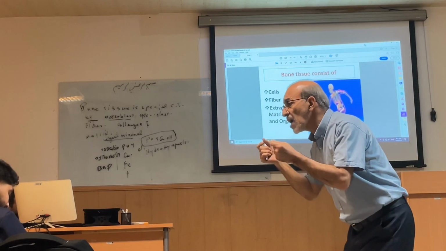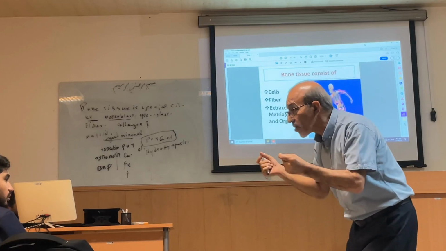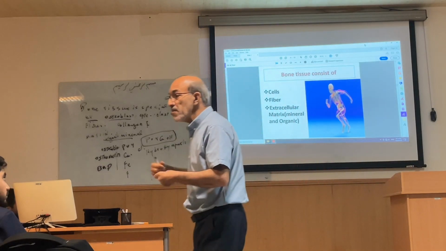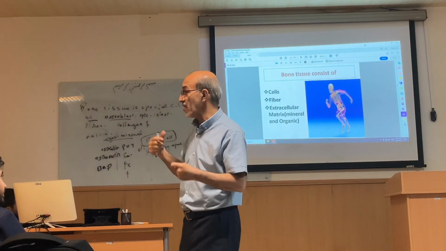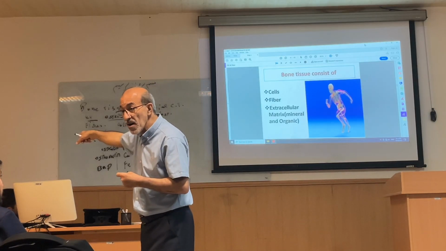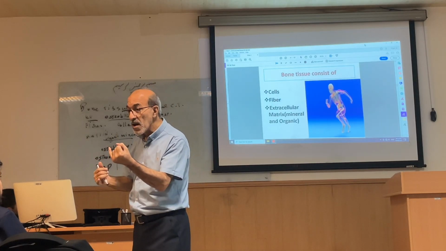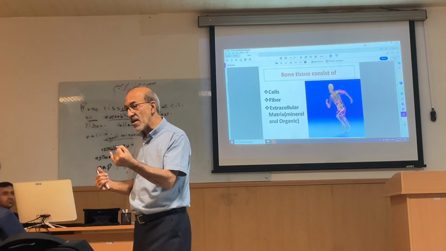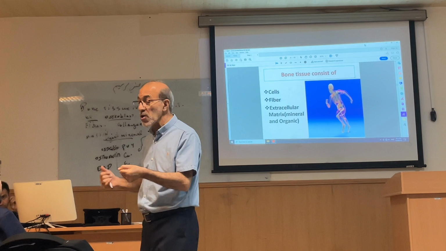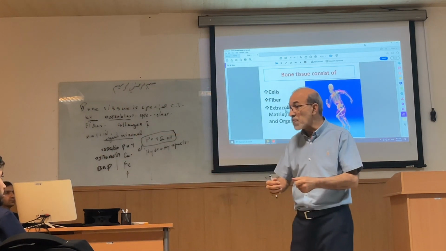Hydroxyapatite consists of Ca, PO4, and OH. All these parts come to the body by food. All the organic parts are synthesized by osteoblasts: one, osteocalcin, two, osteonectin, and three, bone forming protein, or bone morphogenic protein.